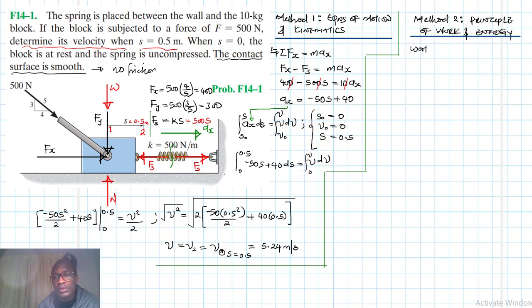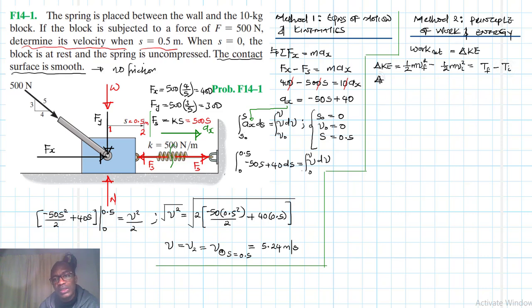So the net work is equal to the change in the kinetic energy. And this change in the kinetic energy can also be written as half m v final squared minus half m v initial squared, which is just equal to T final minus T initial.